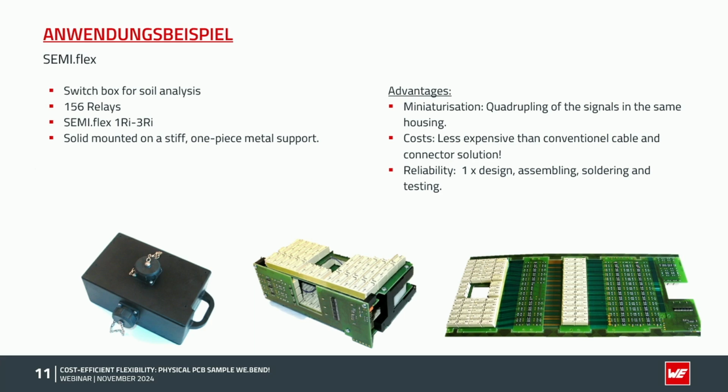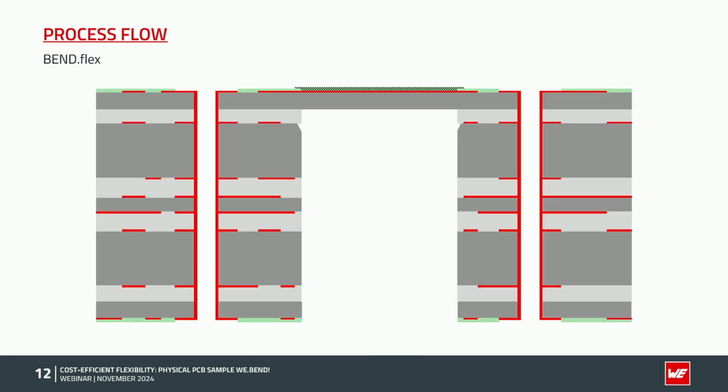On the other hand, we have the BEND.flex process. So BEND.flex looks very similar to a 1F-XRI stack-up, but you can see between layer 1 and layer 2 there is a dark gray part which goes through the bending area. For a 1F-XRI, for RIGID.flex, this is normally the polyimide.